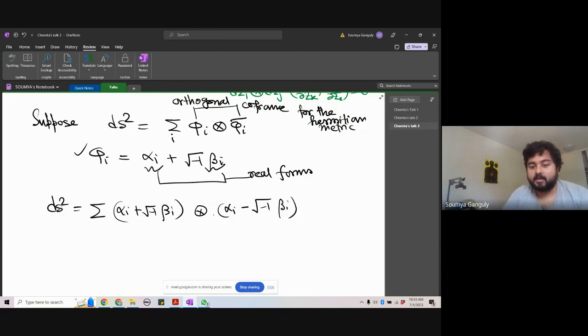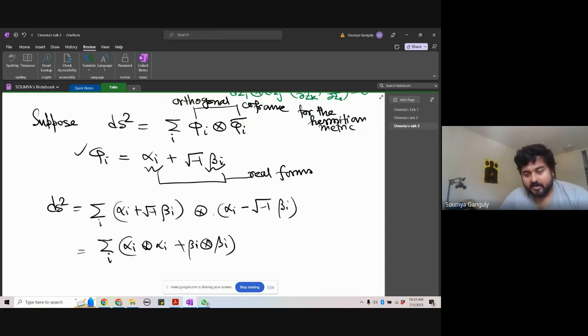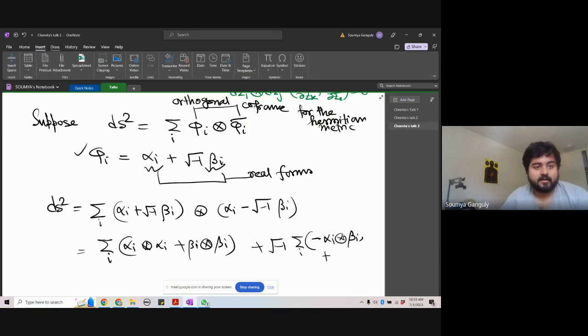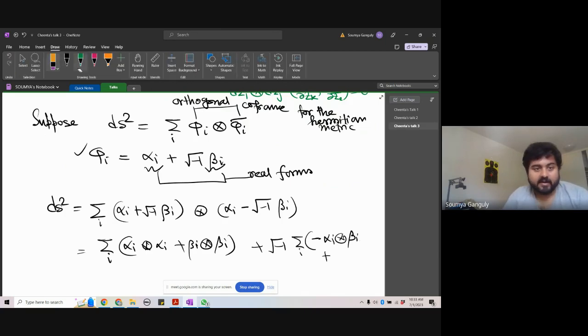This minus sign comes because of the conjugation here. And the tensor product is bilinear, and using that, if you expand everything, you get this plus √-1 times (α_i ⊗ β_i − β_i ⊗ α_i).